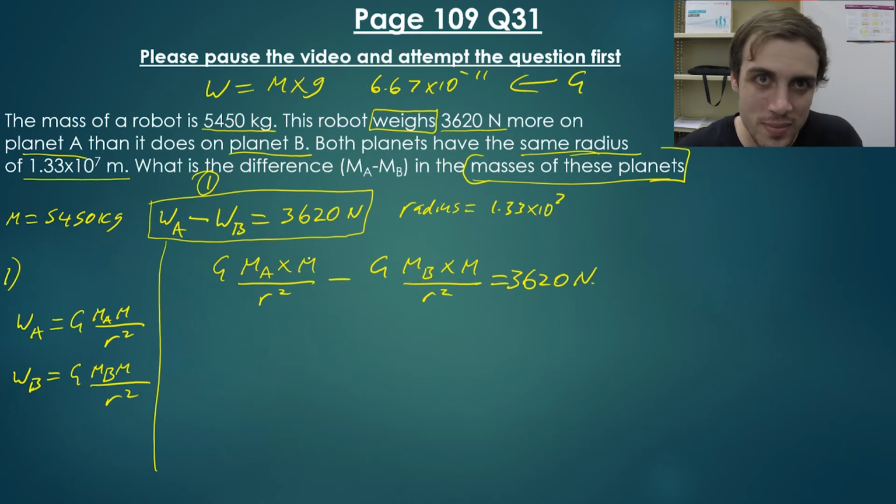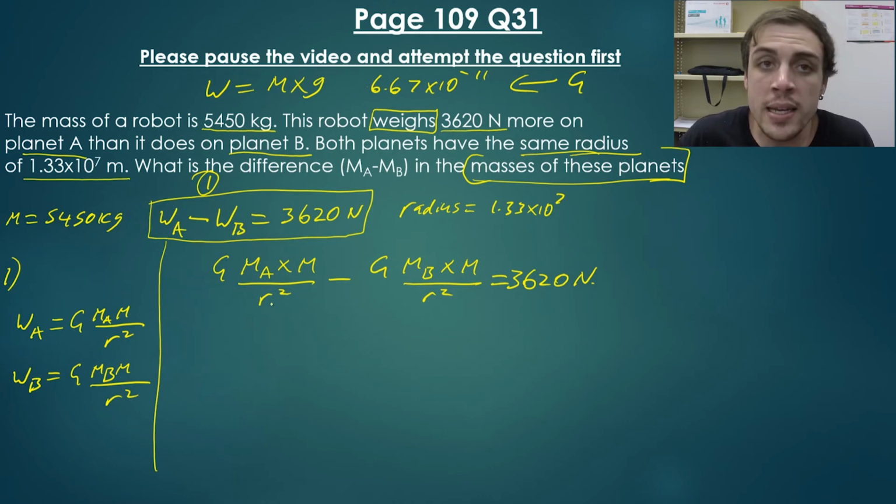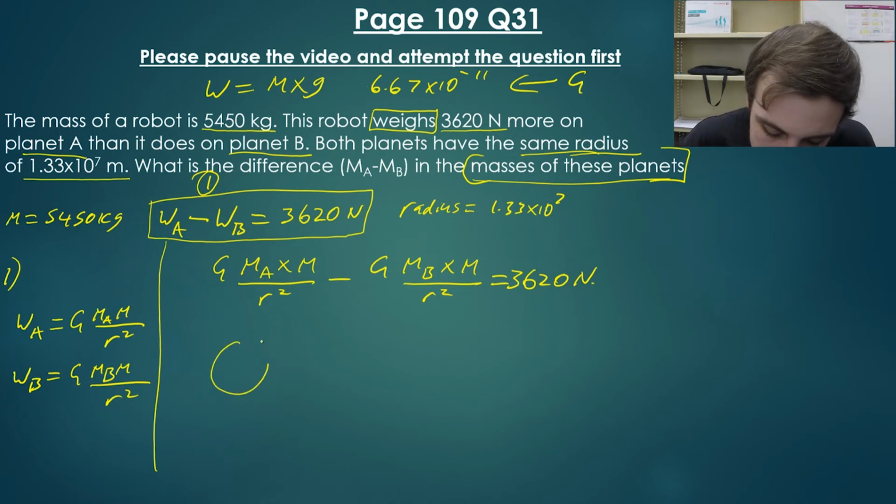In this example, and this is probably the only one I've really seen that has it like this, the radius is indeed the distance between these two objects. Because remembering, radius is from the core to the surface. This little robot is on the surface. So the radius is the distance between the robot and the planet.